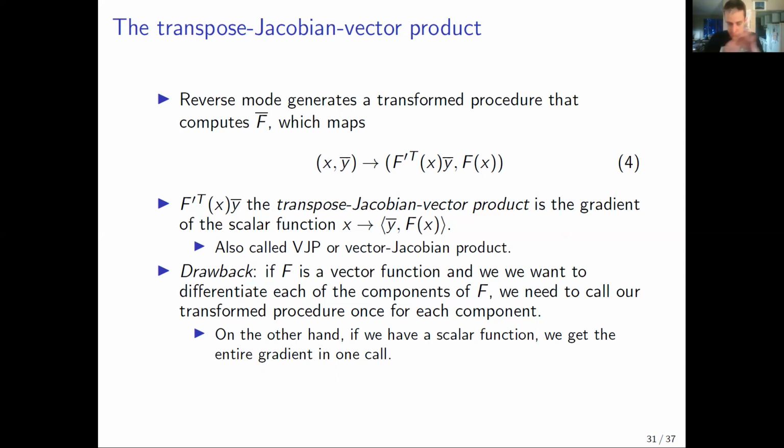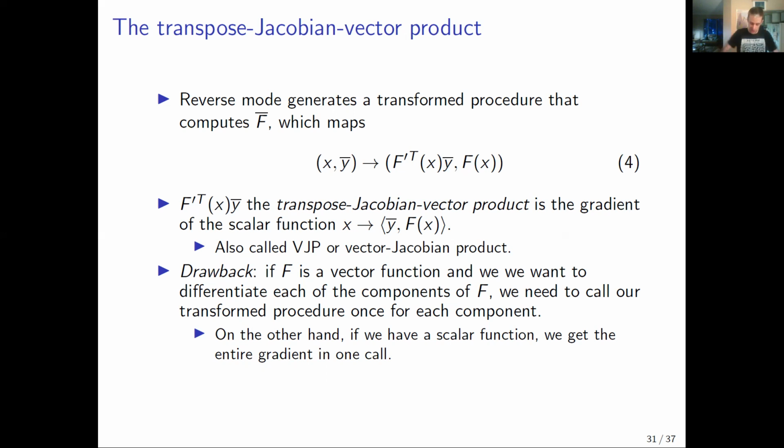Now we're multiplying not the Jacobian, but the transposed Jacobian by a vector. So in other words, we're compressing the Jacobian, but we're compressing it on the output side, leaving the input information in the Jacobian uncompressed. And so this relates to our observation that we're getting derivatives with respect to all inputs in a single call to the reverse mode transposed function.